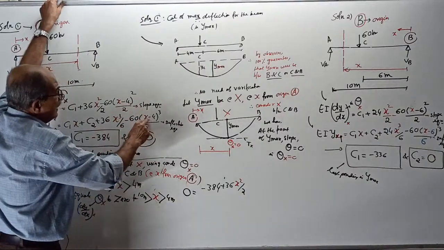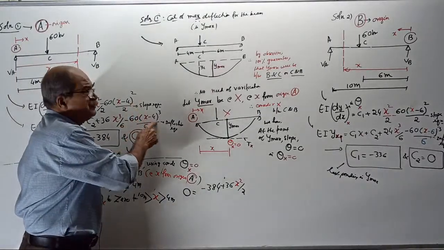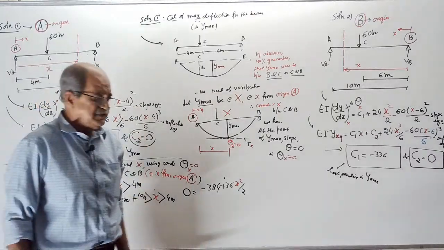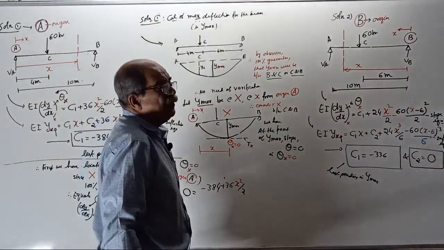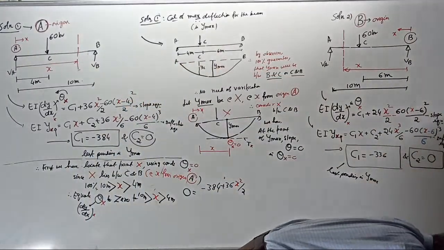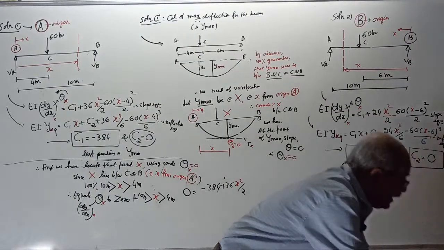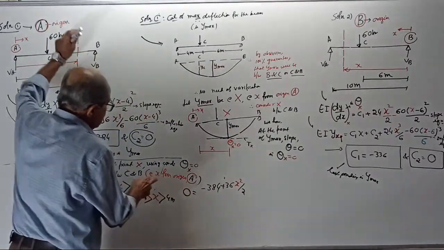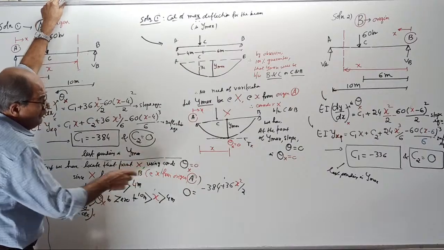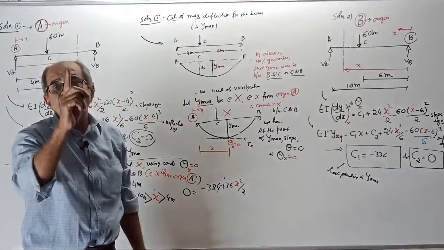There's a bracket term here, x minus 4. I told 1000 times, x minus 4 will be positive only when x is more than, how much? X minus 4 is positive only when x is more than 4 meter. And as per our conclusion, our x is more than 4 meter. Therefore, is that x minus 4 term there or not there?